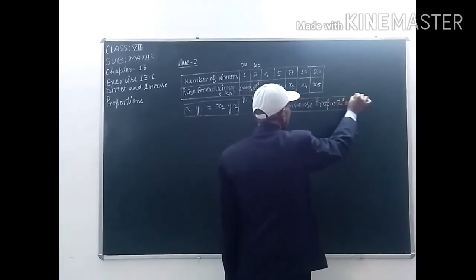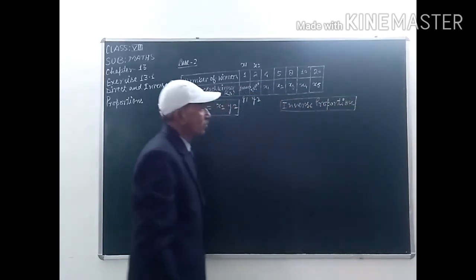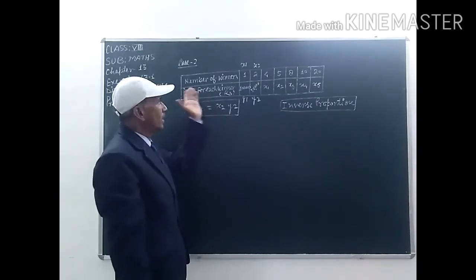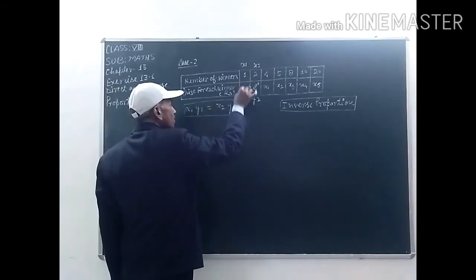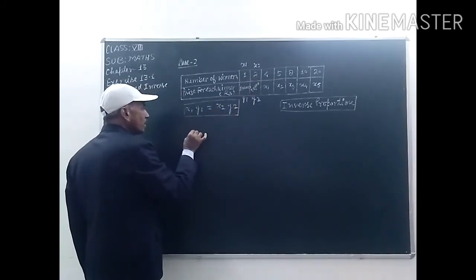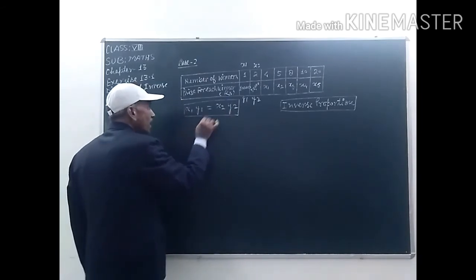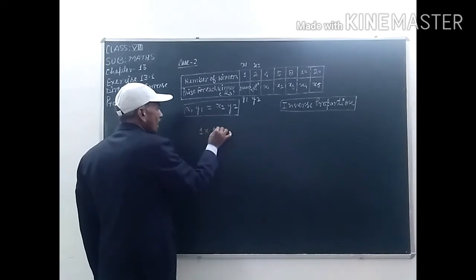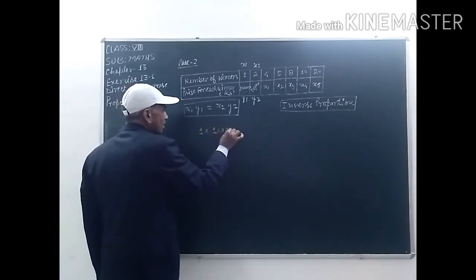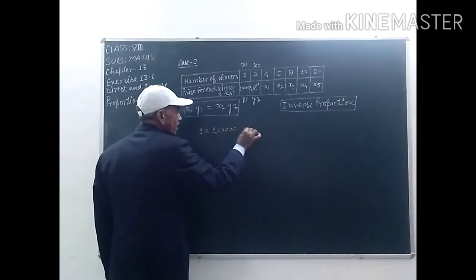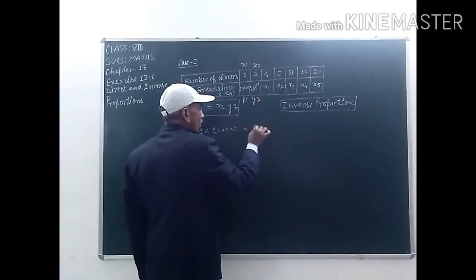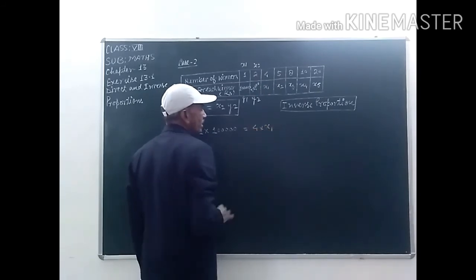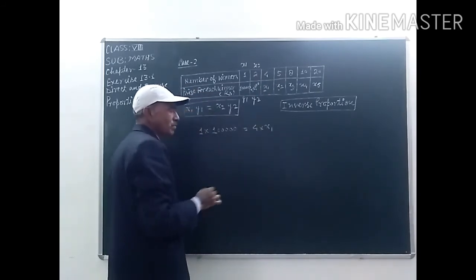So this question is related to inverse proportion because as the number of winners increases, the amount they will get will decrease. So 1 into 1 lakh is equal to 4 into x1. We have to find the value of x1 here.